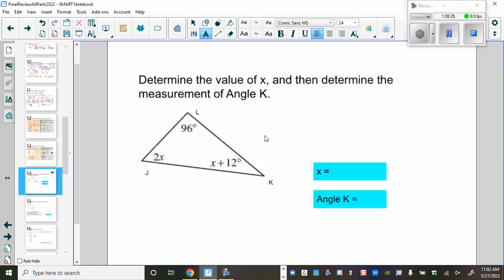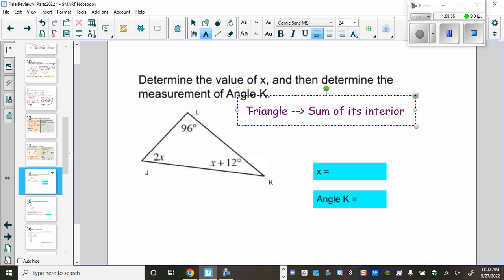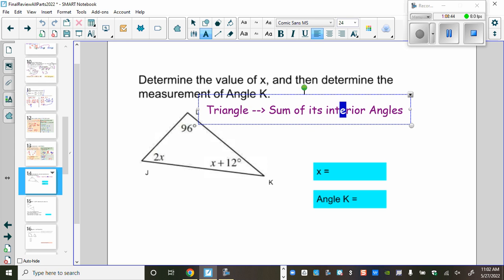you have a triangle. What do we know about the sum of its interior angles? What must the sum of a triangle's interior angles always add up to be? Always equals 180.